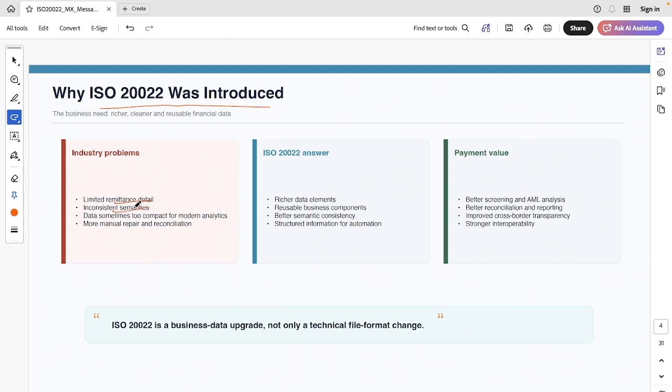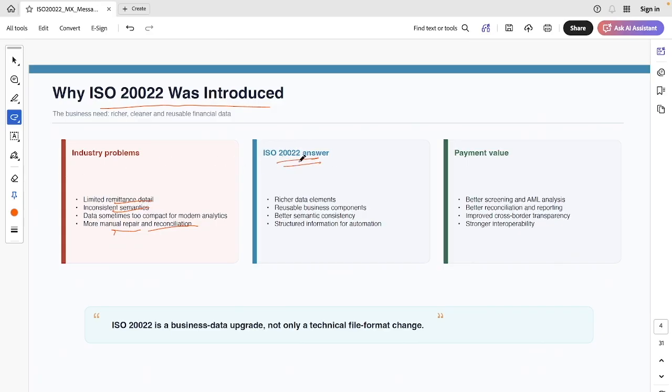Different systems or markets could interpret fields differently when meaning is not clear. Operation teams end up doing manual repair, manual investigation, manual reconciliation, and in banking, manual work is sometimes like a mosquito in the bedroom. Small, but it can keep the entire team awake.